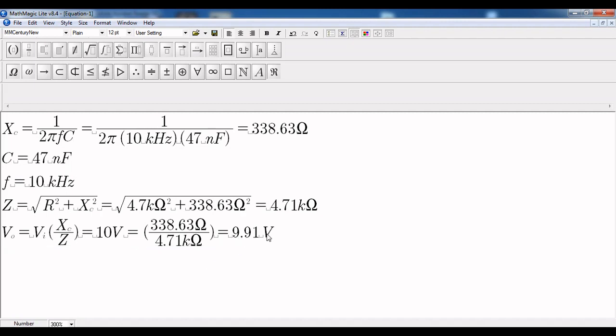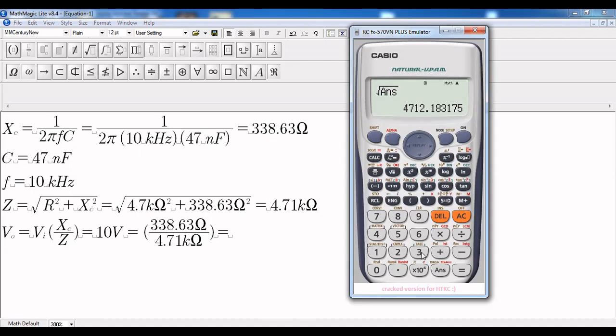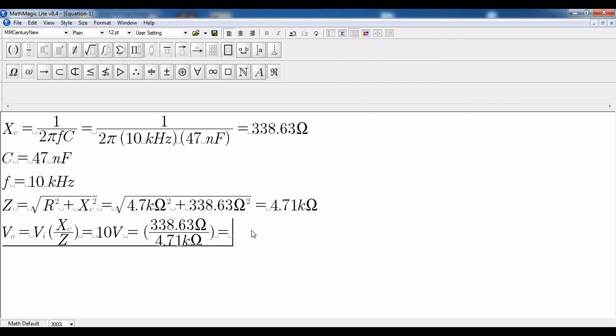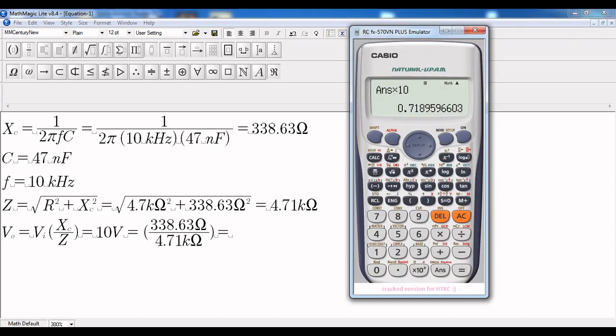There we go. So we have 338.63 divided by 4.71 exponent 3. Okay. So we have 0.72 multiplied by 10.